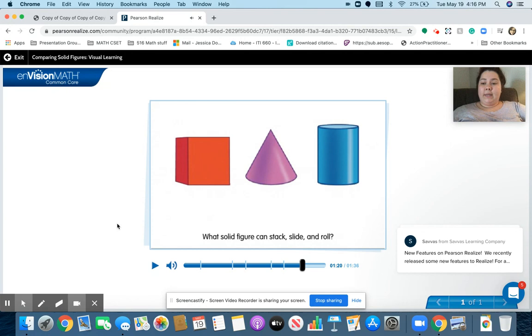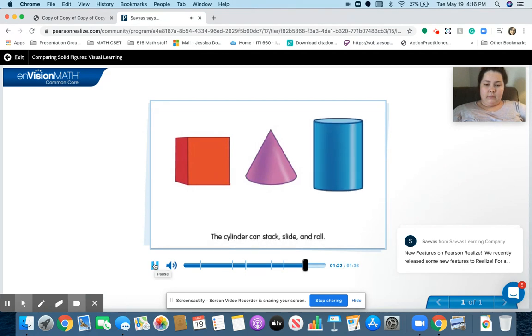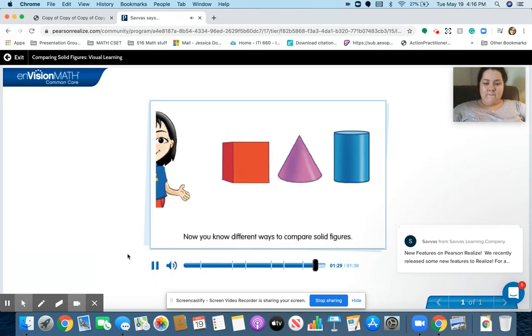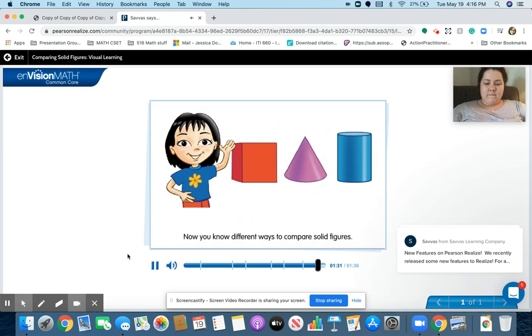So which one of these can stack because it has flat sides, can slide because it has flat sides, but also has a round part to roll? The cylinder can stack, slide, and roll. That's right. Now you know different ways to compare solid figures.